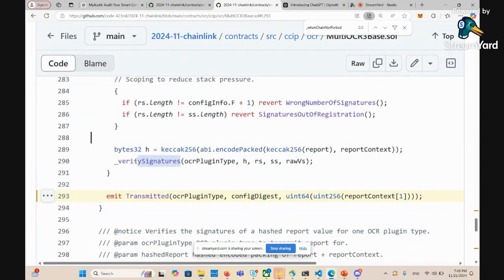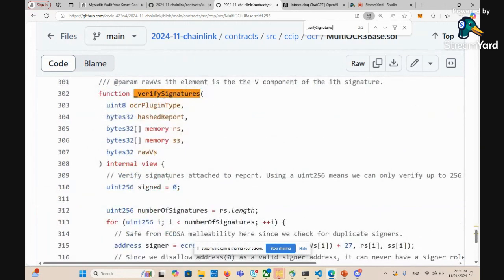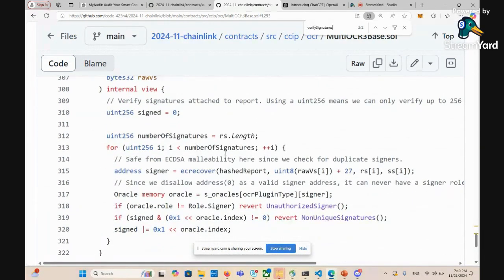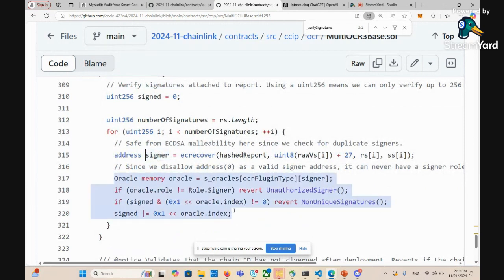And then it's going to do the signature verification, which is quite trivial, I would say. So just iterate through all the signatures, get the signature, get the address of the signer, and then this loop just makes sure there's no duplicate. Essentially they use a bitmap over here. The maximum number of signers is only 255, 256, I would say.